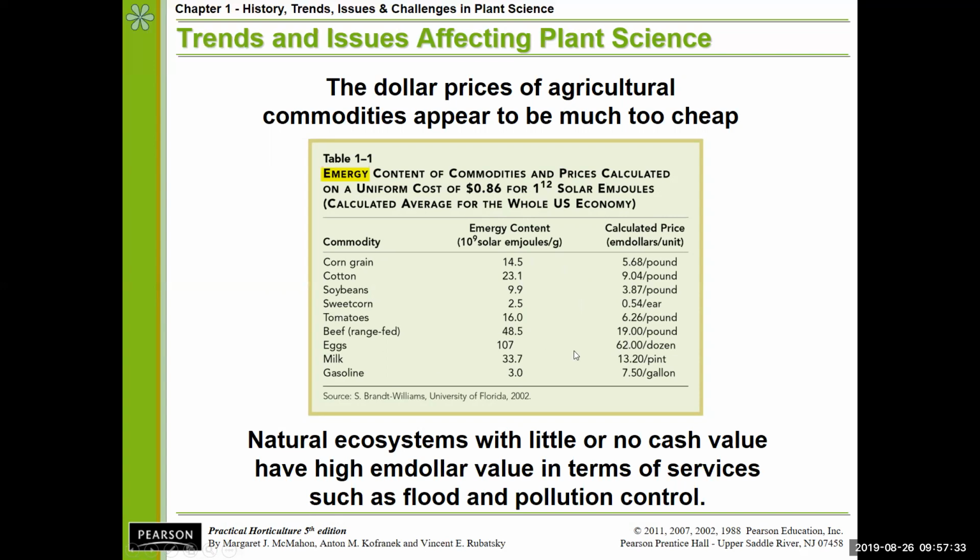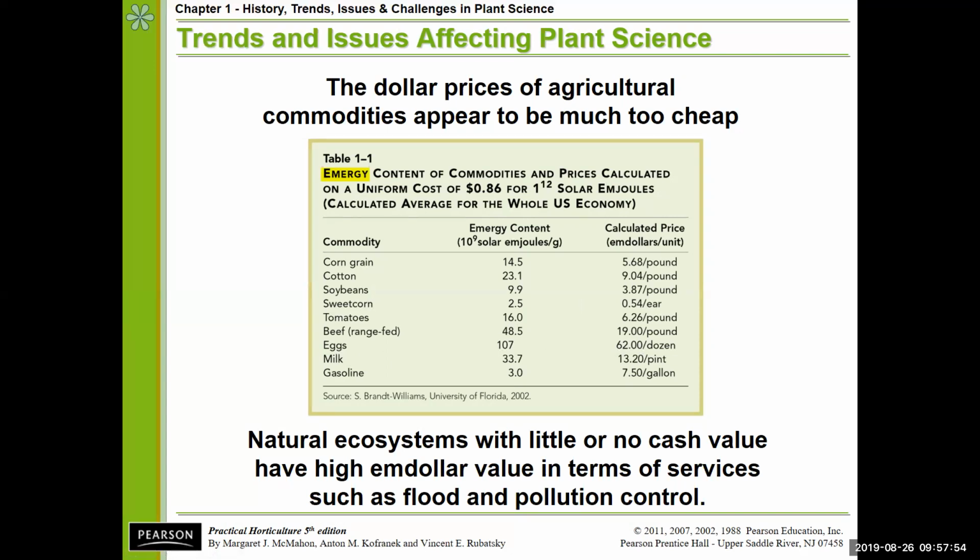For instance, this seems way off to me, but for eggs, $62 for a dozen is the calculated price by this scientist from all that embedded energy in that unit. Fortunately, we don't pay that, right? So that's where things like subsidies come in.